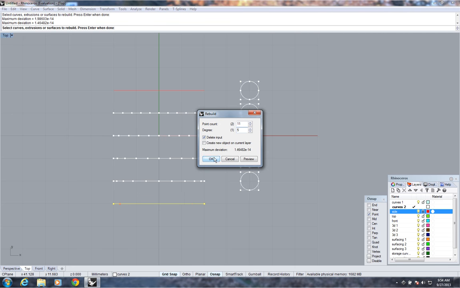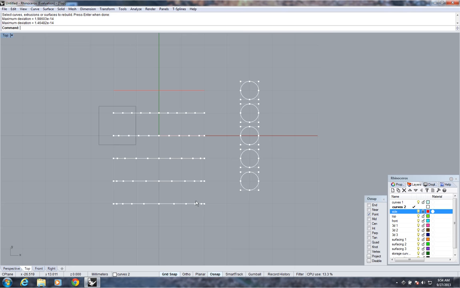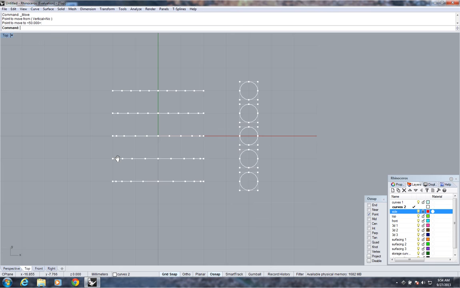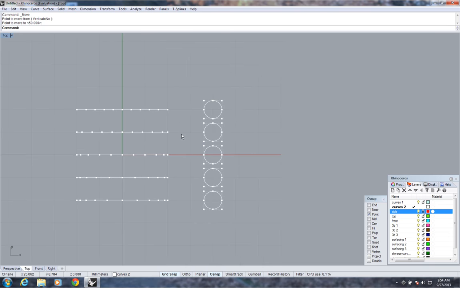Control points 5th degree. And I'll move all of these up one. The red curves you see in the background are just reference curves. They'll make it easier for you to see the changes in the curves as I work with them.